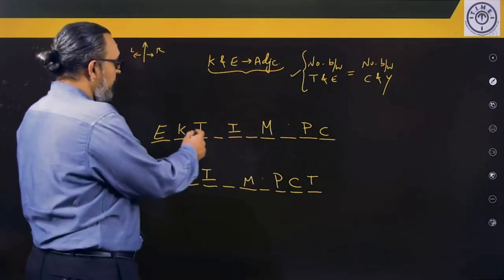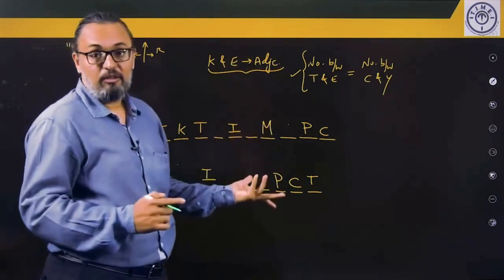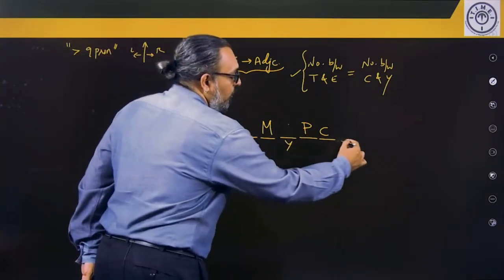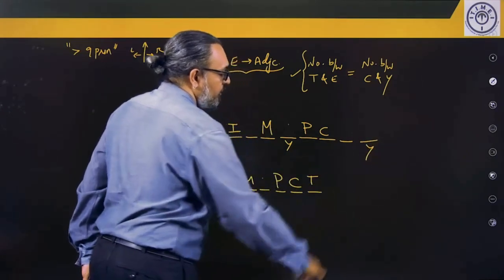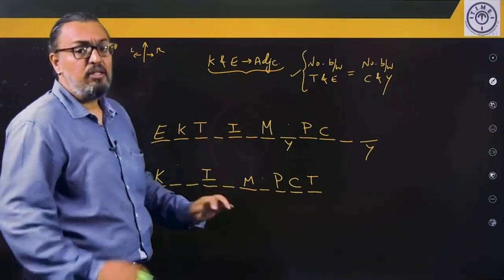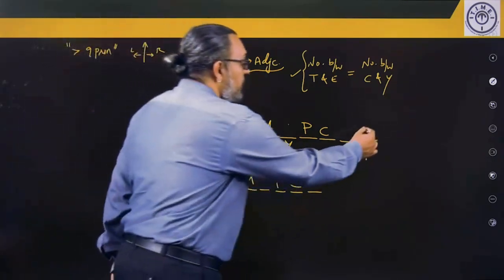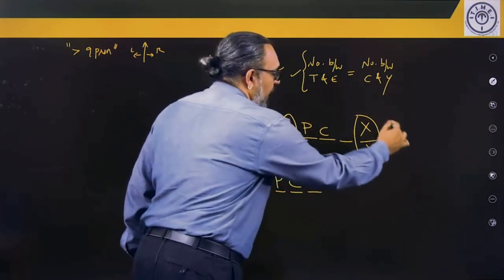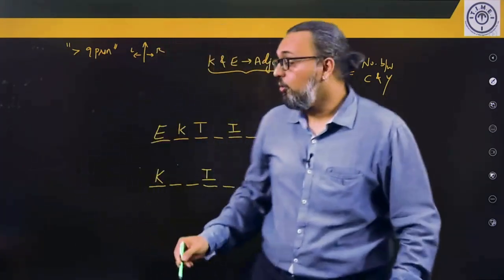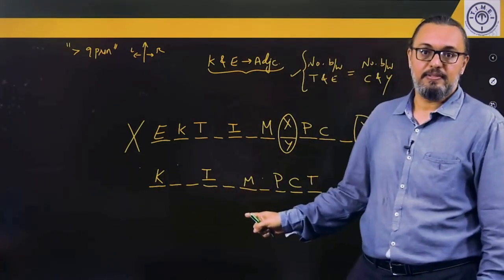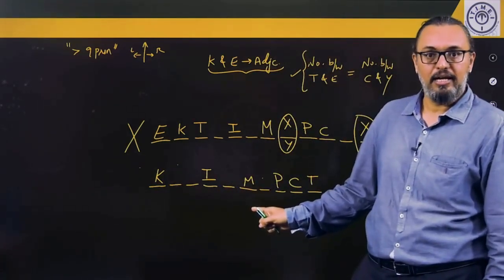Now check, between T and E one person, so C and Y one person, so either I am going to get Y here, or on the other side I am going to get Y here. Is in any way Y sitting at the left end in this arrangement? No. So that means this is not a valid arrangement anymore. So now we will have to follow up with this. Are you understanding the point here?